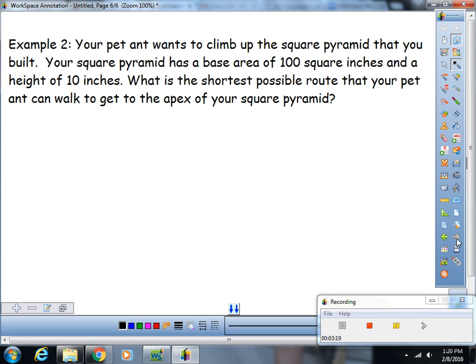Example 2. Your pet ant wants to climb up the square pyramid that you built. Of course, everyone's building square pyramids these days. It's the rage. Your square pyramid has a base of 100 square inches and a height of 10 inches.